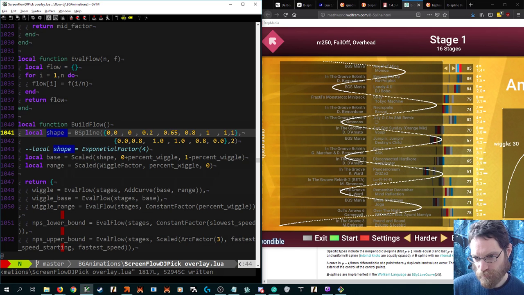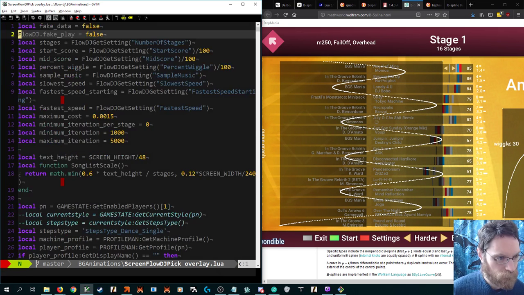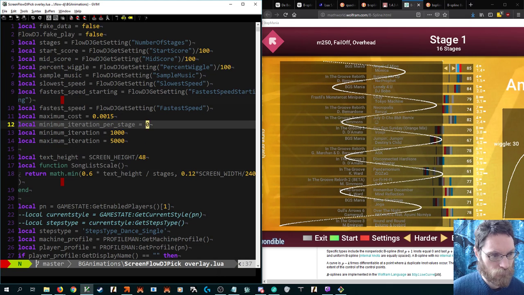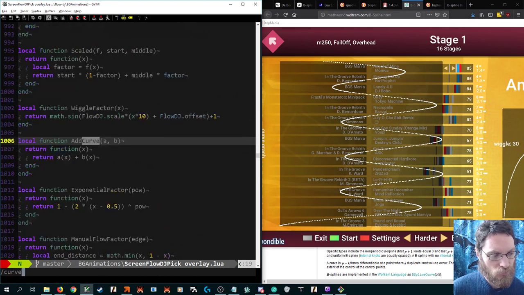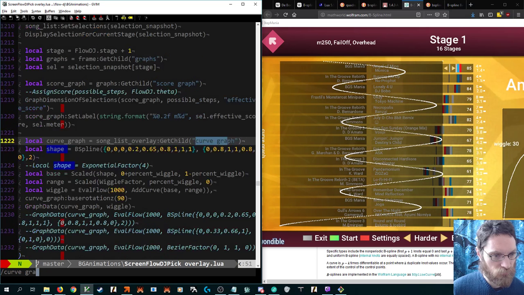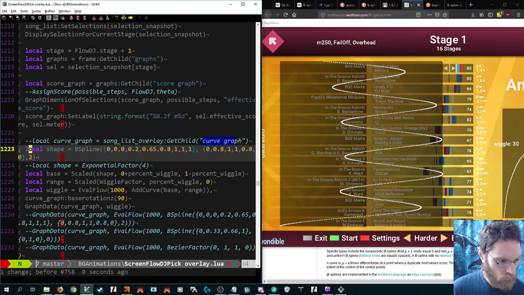Now this one will not hit the peak as often as the previous curve, so I might be able to bump stuff back up. Although we do have a 61 there that seems to be hitting a peak point just fine. And curve graph. Oh, no, I've got even more stuff.